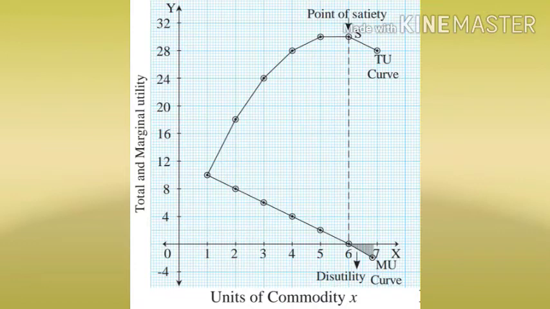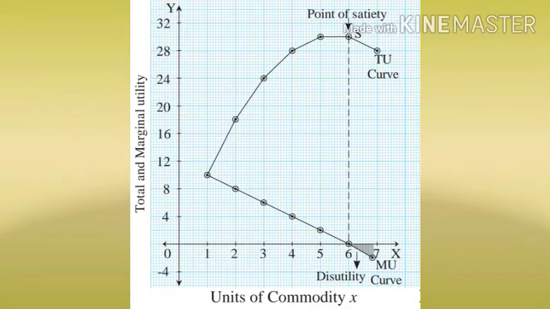Second, total utility curve slopes upwards, whereas marginal utility curve slopes downwards. Third, when total utility is maximum, marginal utility is 0.